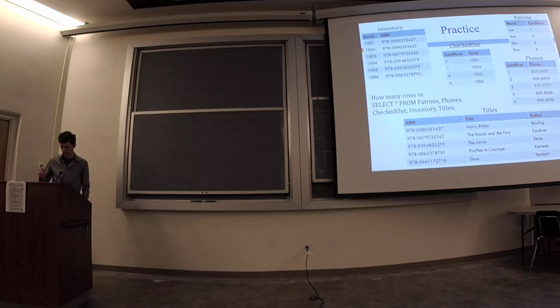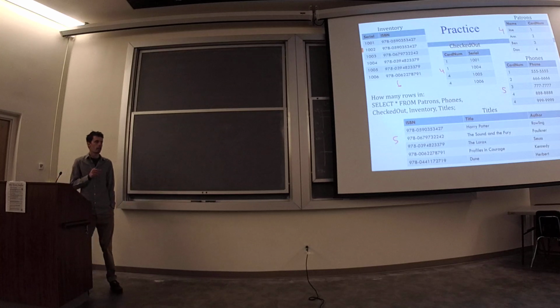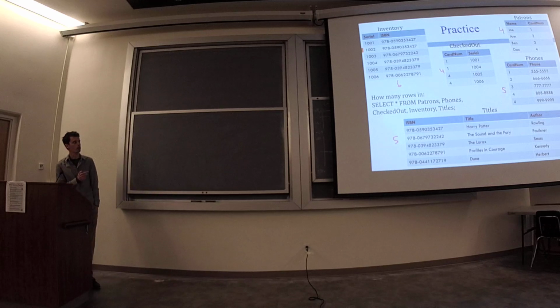You take the product of everything? Yep, so 4 times 4 times 6 times 5 times 5. Are you going to use a calculator? Can you use a calculator? Yes. If you also just wrote down 4 times 4 times 6 times 5 times 5, also correct.